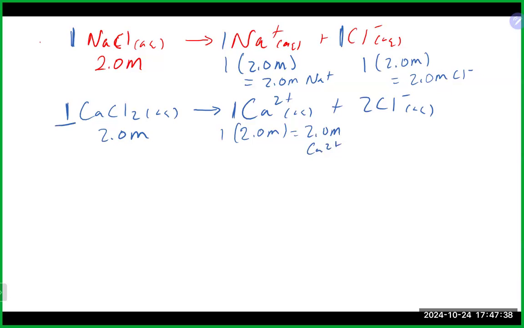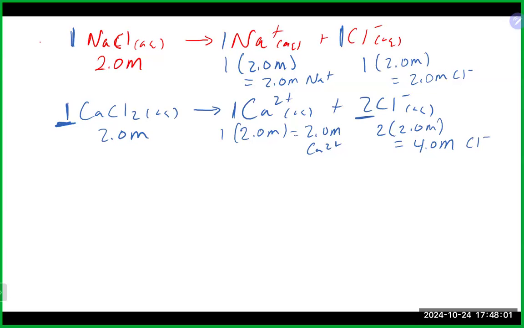But when we look at the whole thing to the chloride, it is a 1-to-2 relationship, which means in order to get the concentration of the chloride, I would need to multiply the whole thing by 2. And that would give us basically that it is 4 molar chloride ions floating around.